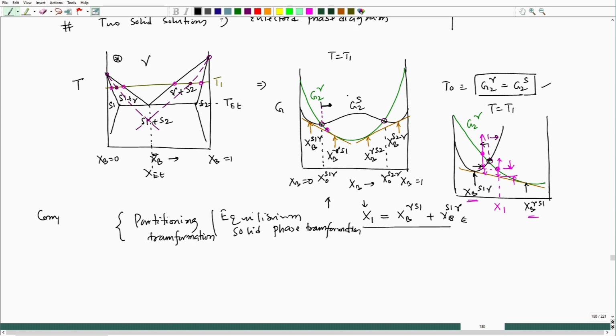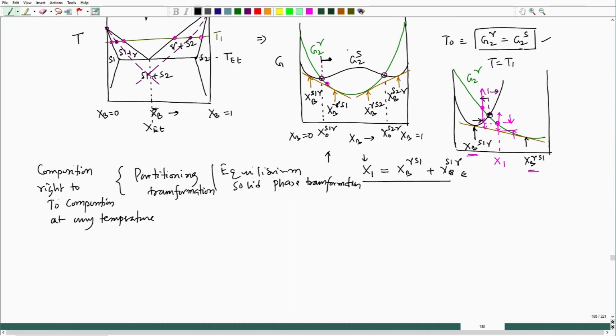So, at this location I could see that this is applicable for compositions right of T naught, at any temperature. Fine. So, here T naught is basically for S1. Okay.